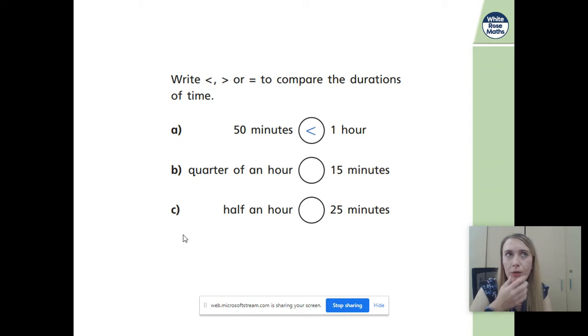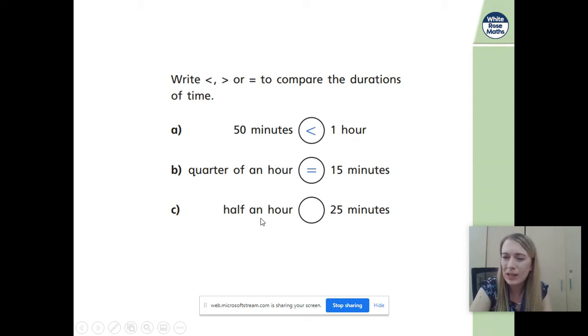What is half of 30? That's what a quarter of an hour is. Half of 30, well, that's 15. So I've got 15 on this side and 15 on this side. What sign goes in the middle? Of course, it's the equal sign. They are the same.